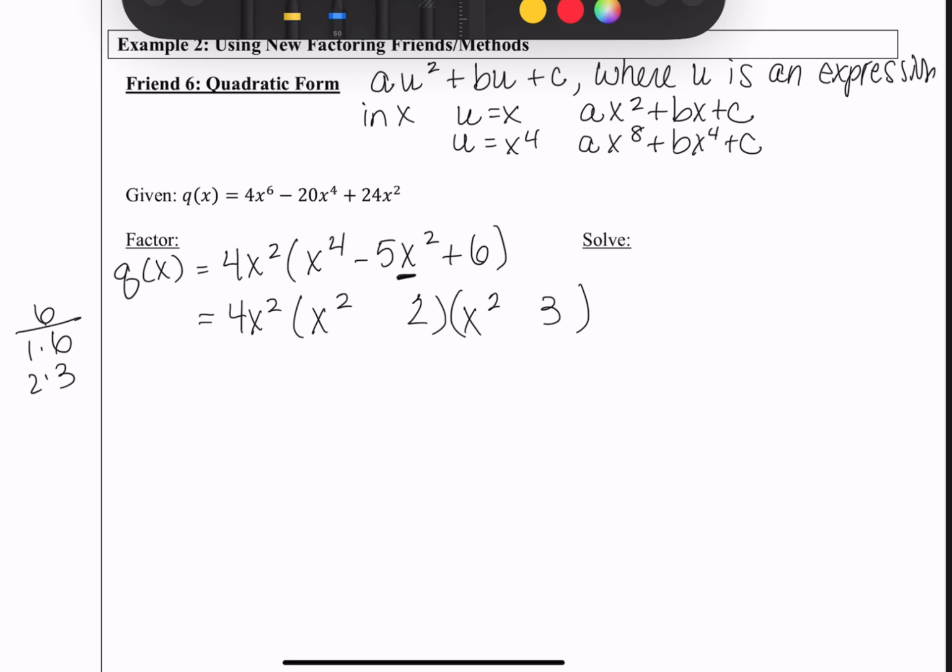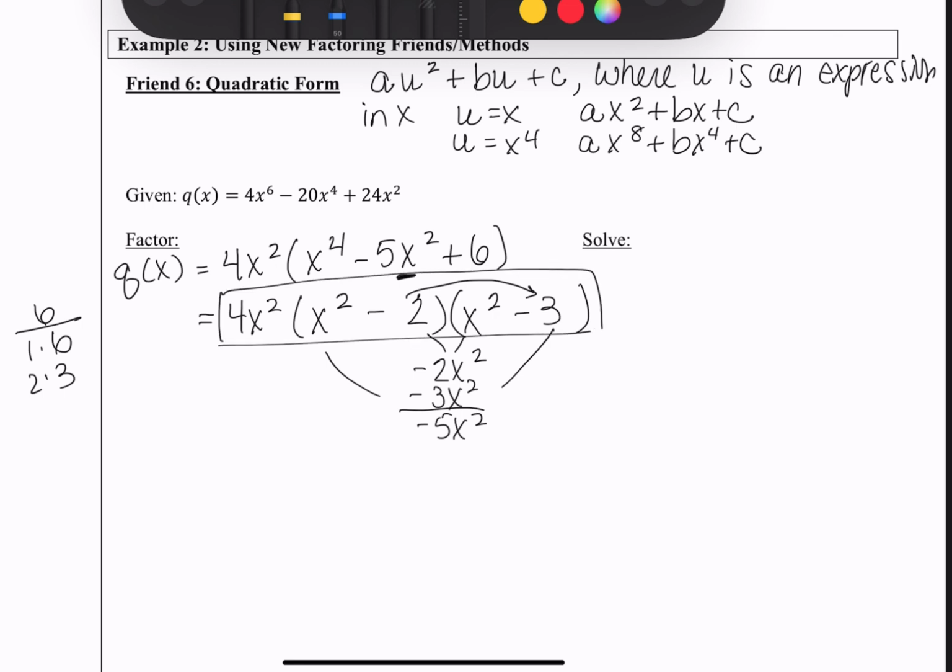Again, I'm going to guess and check. So I got a 2x squared and a 3x squared. Both of these would have to be negative to make it -5x squared. And if I do that, then my last term is positive, in fact. So that works out perfectly for me. All right, so now this is the factored form. It's time to solve it.